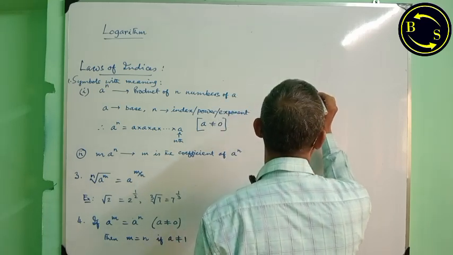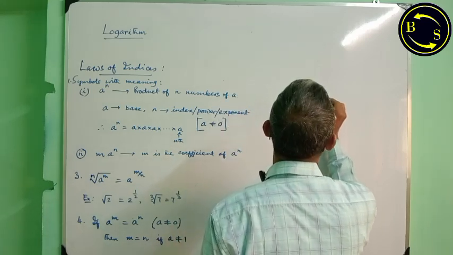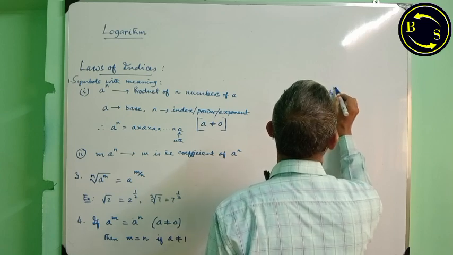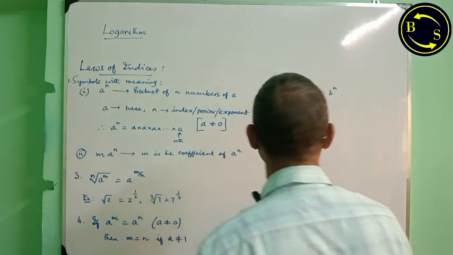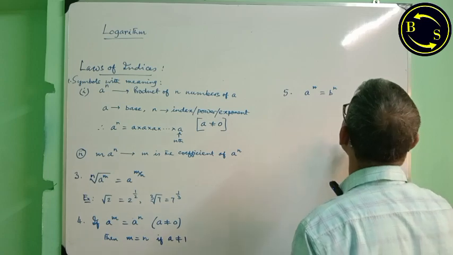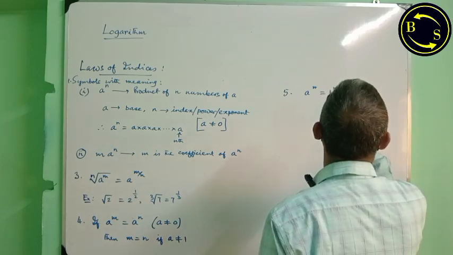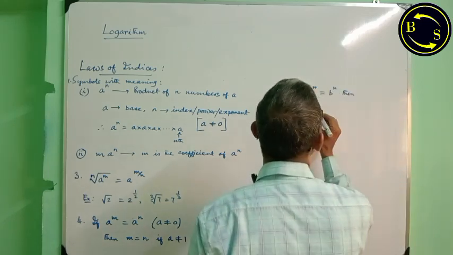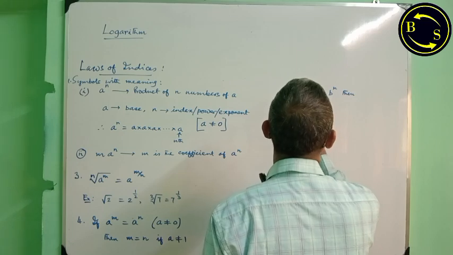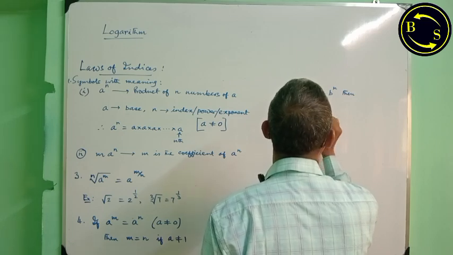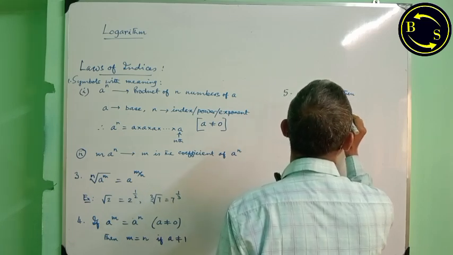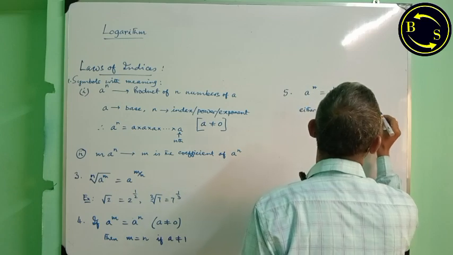Next, number 5, a^n is equal to b^n. Here powers are equal, then either n equal to 0 or a equal to b.